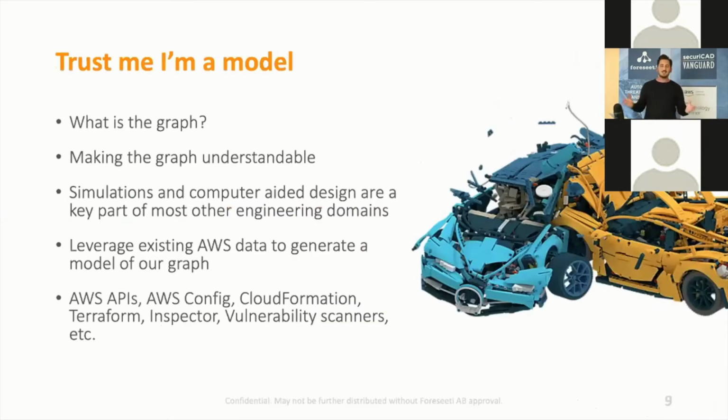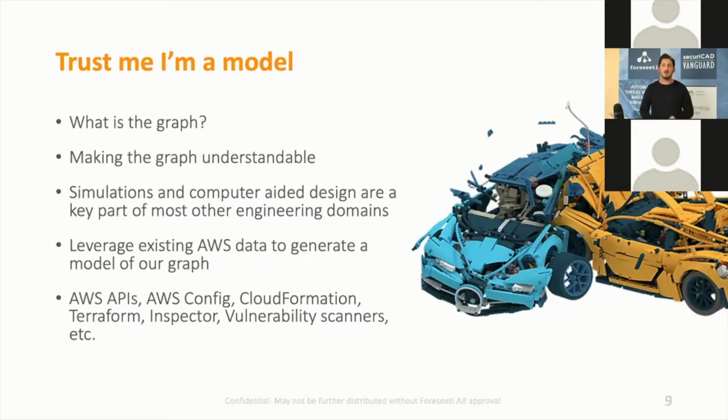So what is the graph? Well, the graph is your environment. So how everything is connected all the way from a user down to the hardware that you are using. It's who can talk to who, what user can do what. All of that interconnectedness is your graph.